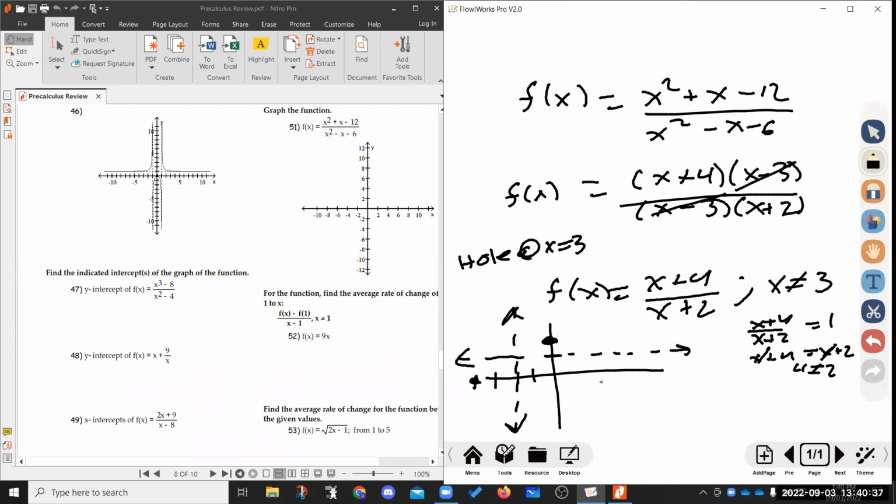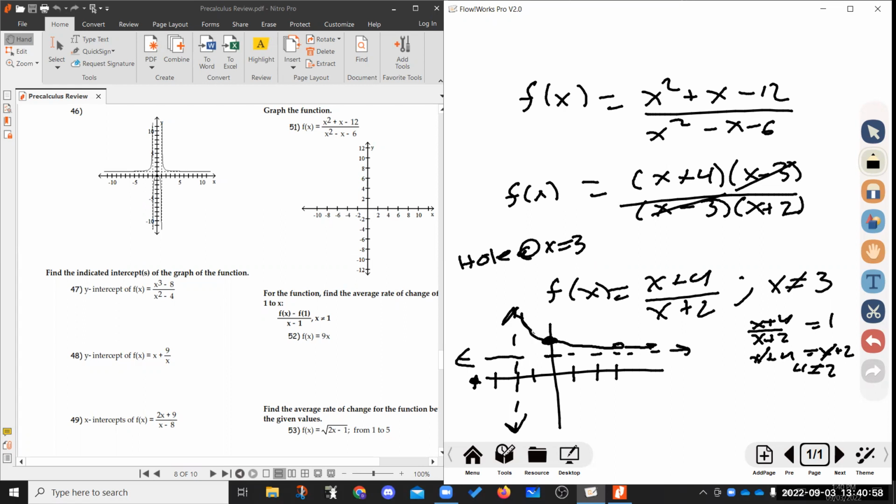So now I've got to stick this hole in the graph, 1, 2, 3. And when I do, that is 7/5. So that's 1 2/5. 1 2/5 is, just call it around there somewhere. So it's coming down here, getting close.